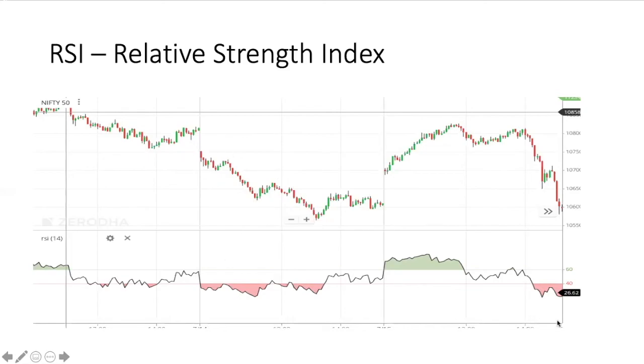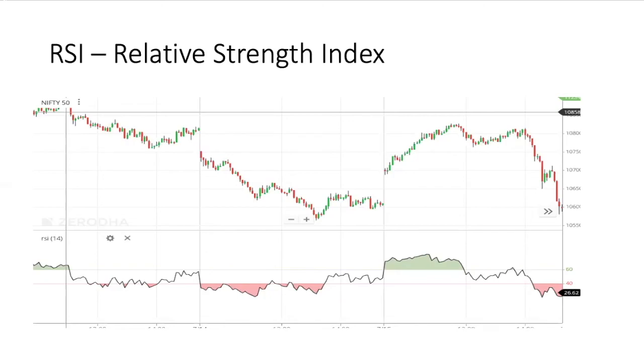Let's see the upside. Here I have taken RSI 60, so you can see the greenish shadow over here. With RSI more than 60, you can see the market is on the upside. Again, the RSI has started hitting less than 40, and you can see the market trend is also falling down.